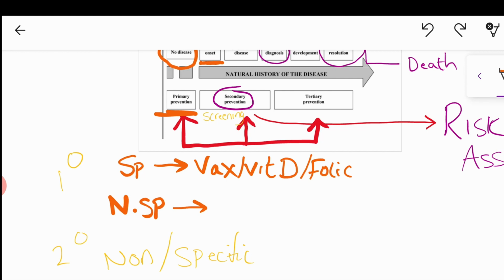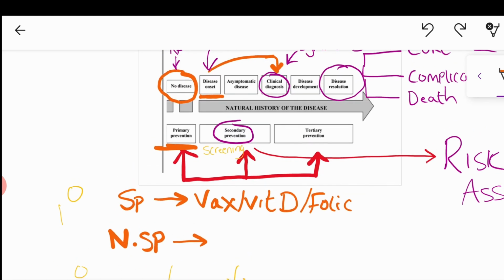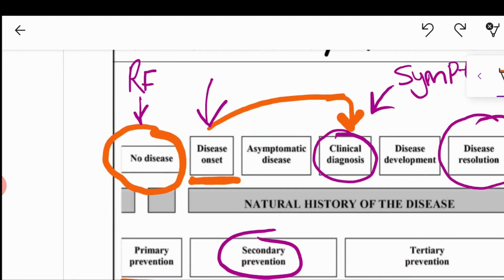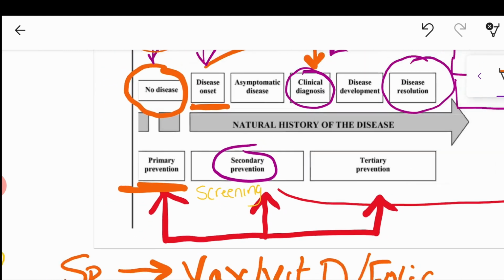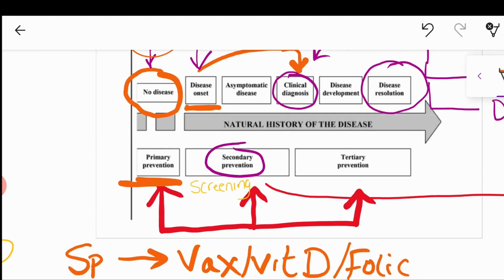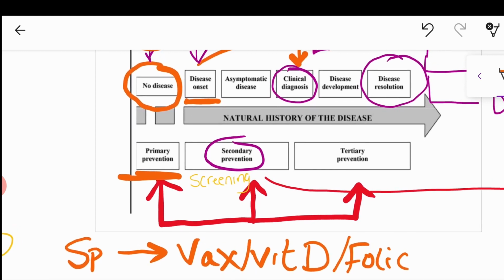Primary prevention starts when you do not have the disease. However, you are exposed to the risk factor. You're still exposed, but you haven't contracted the disease yet. Then when we move into secondary prevention, this is where you actually have contracted the disease, but that does not mean you have symptoms. This stage ends when the patient has been successfully diagnosed.